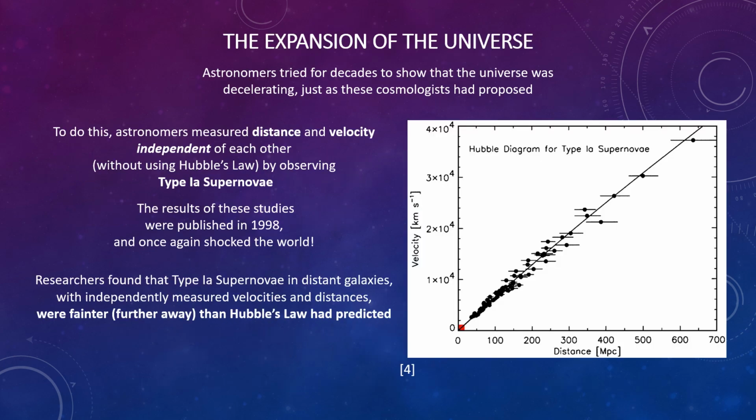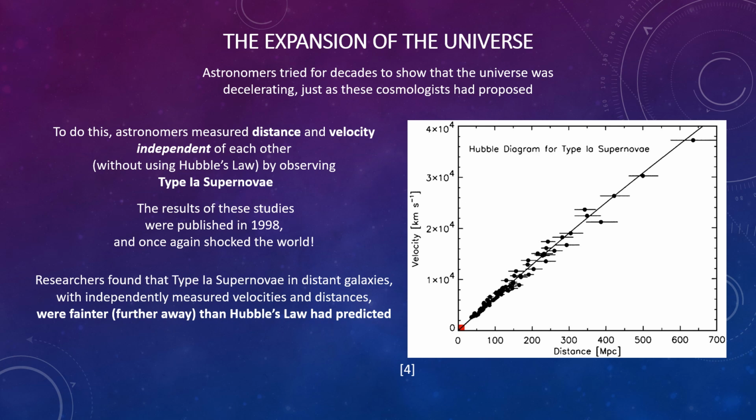Astronomers tried for decades to show that the universe was decelerating just as the cosmologists proposed. To do this, astronomers measured the distance and velocity independent of each other without using Hubble's law by observing Type 1a supernova.